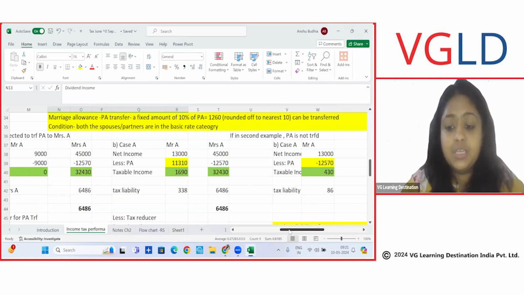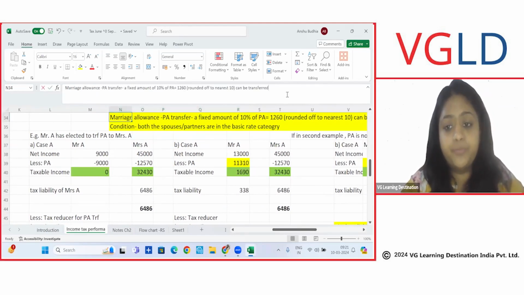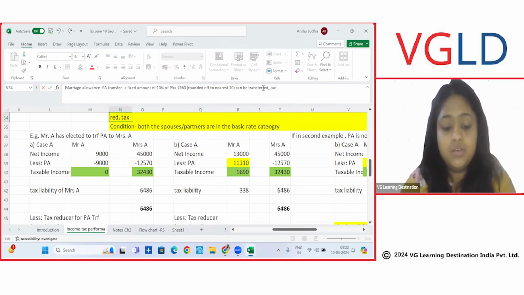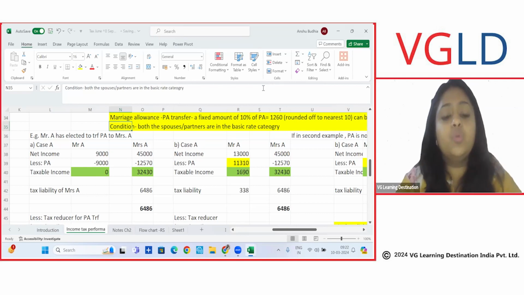When we transfer it, it is transferred by way of a tax reducer, and a benefit or tax reducer of 252 GBP will be claimed by the receiver spouse. Okay, so just see how we do it.